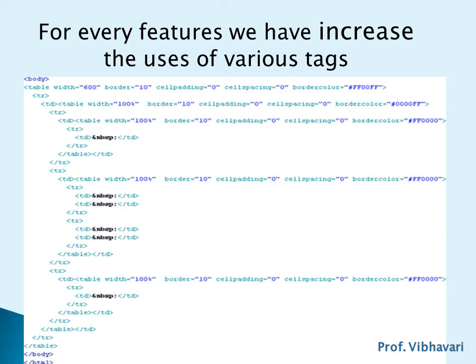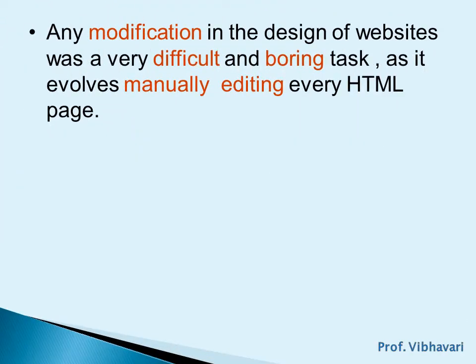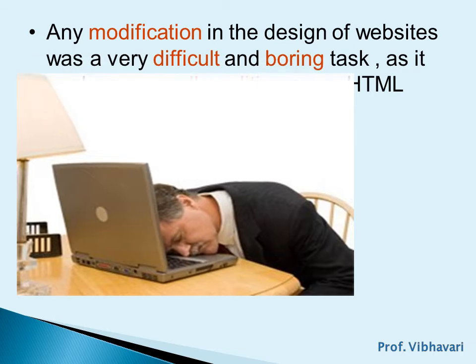So it makes the code more clumsy and adversely affects the usability of the web pages or the website. And see here, if we make some modifications of the design of the website, it is a very difficult and boring task, as it involves manually editing every HTML page.